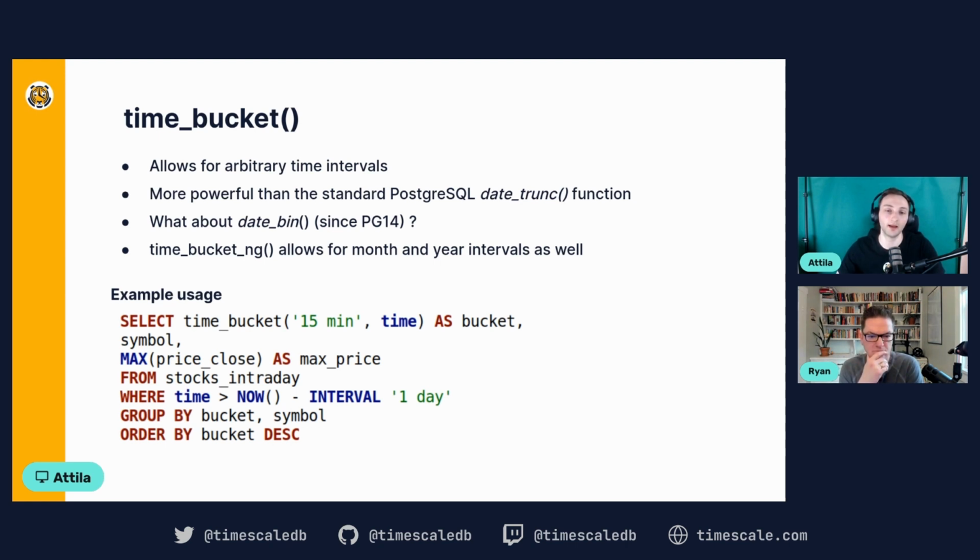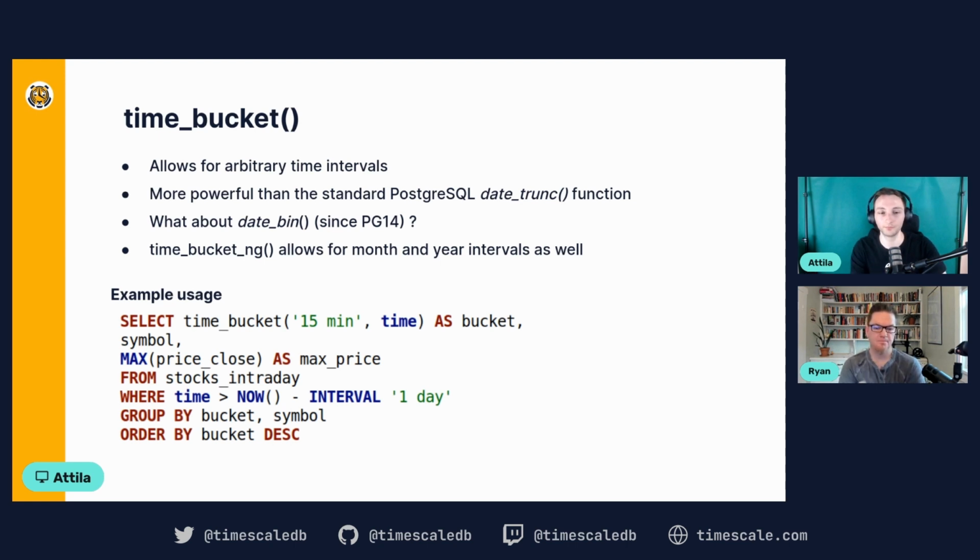If you use PG13 or 12, you cannot use date_bin. Also, one thing that date_bin does not support is month and year support, so you cannot set arbitrary months and years with date_bin.